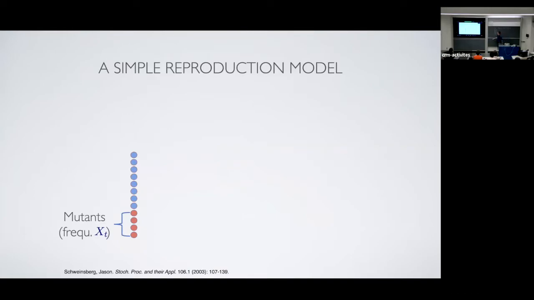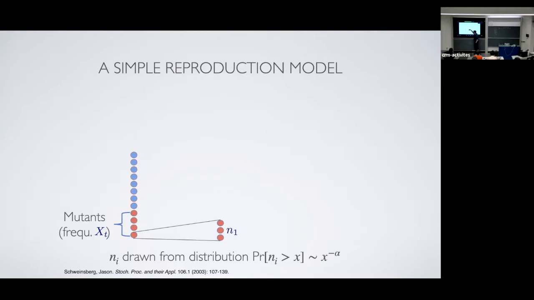So we imagine the total population to be constant, and at time t, let's say we have a fraction x_t of mutants, the red ones here. Now to generate a new generation, I draw from this offspring distribution, given some exponent alpha, a family size for each of these individuals.